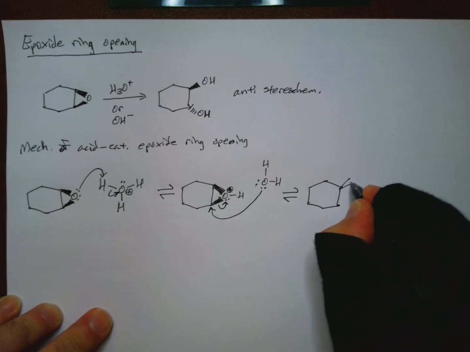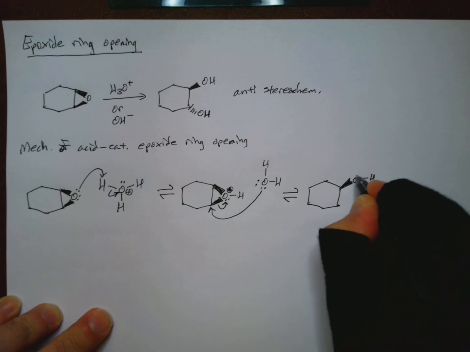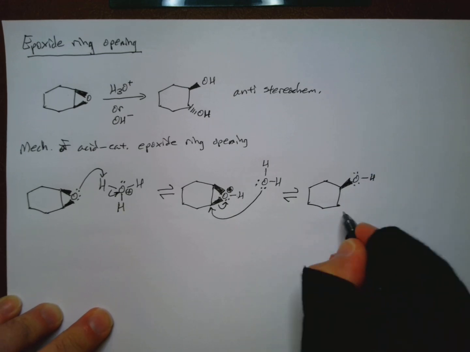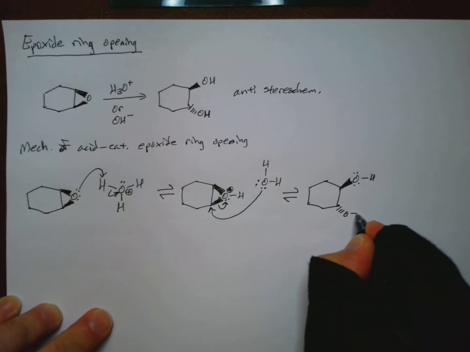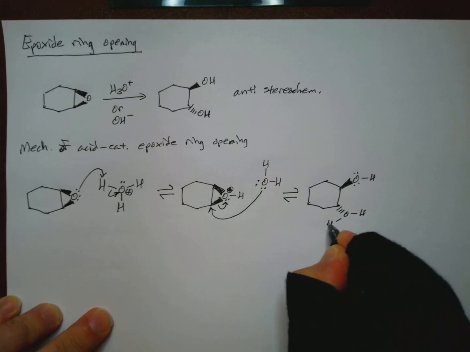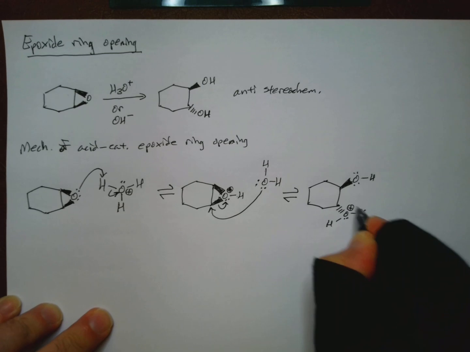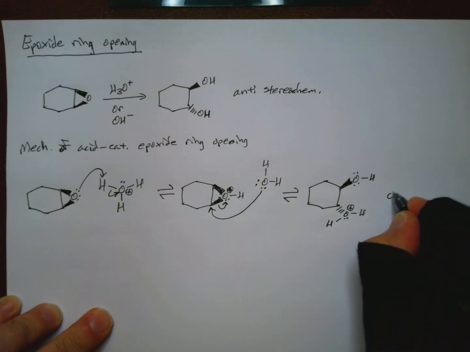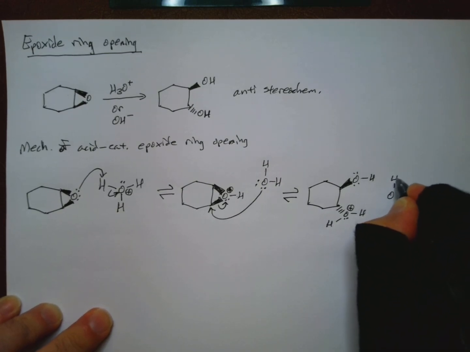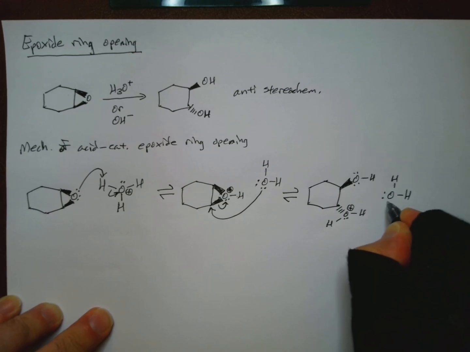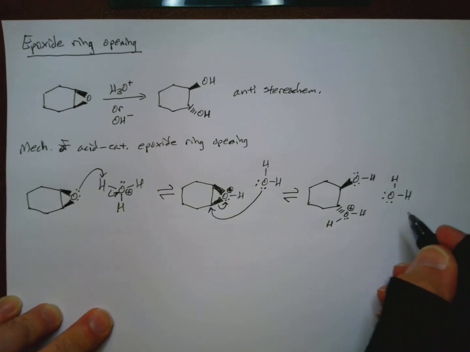We will have this guy up, and then we'll have OH, H, lone pair, positive charge. And now another molecule of water can come along. Again, this is, as I said, aqueous acid.